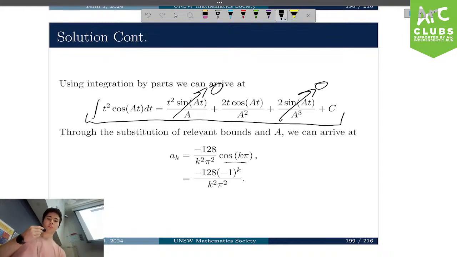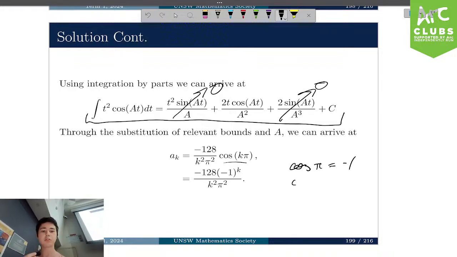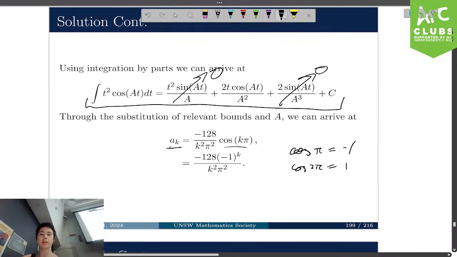Now remember, cos k pi, as we discussed yesterday, is just standing in for minus 1 to the k. We're going to talk about that some other time, but essentially, you know that cosine of pi equals minus 1, cosine of 2 pi equals 1, and it just keeps on flipping round and round. Okay, so we have our coefficient AK.